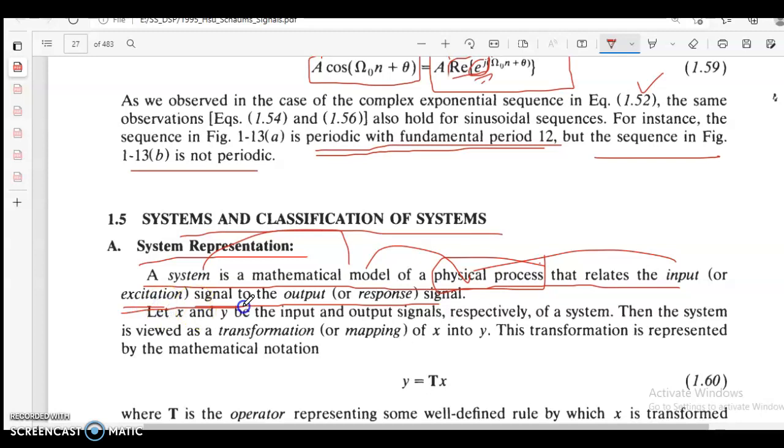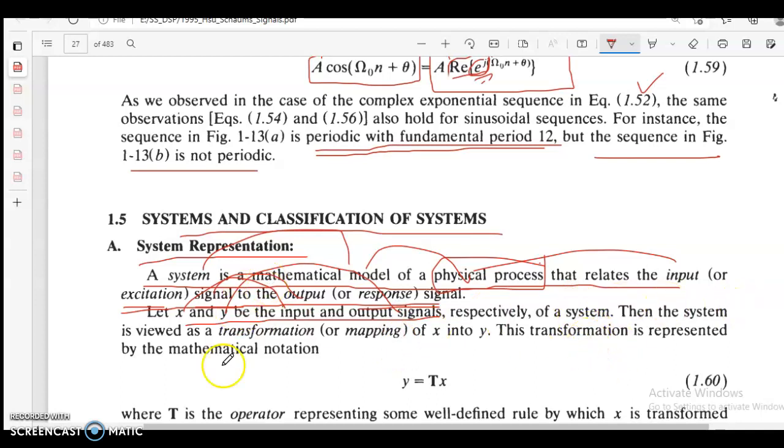Let x and y be the input and output signals respectively of a system.